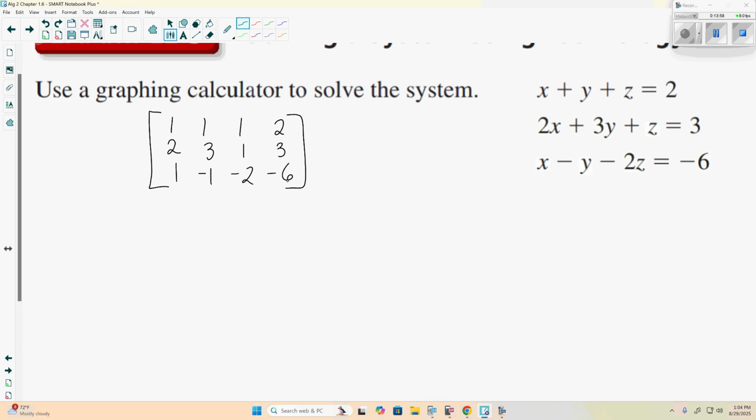Yes? It's a little small on y'all's page. So right where your right hand is, you see it. So there's the problem. So we're writing the augmented matrix first. Okay. And it is a 3 by 4.